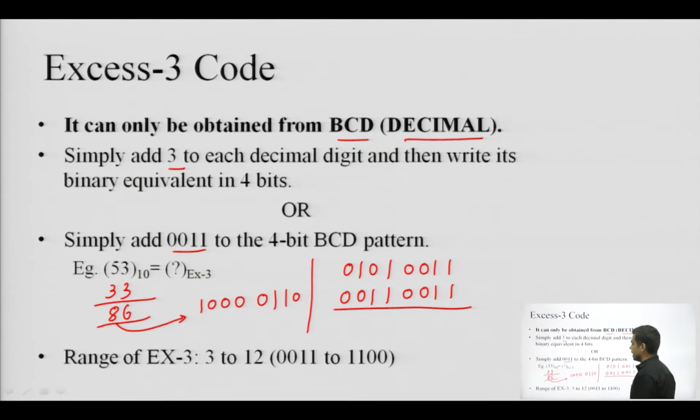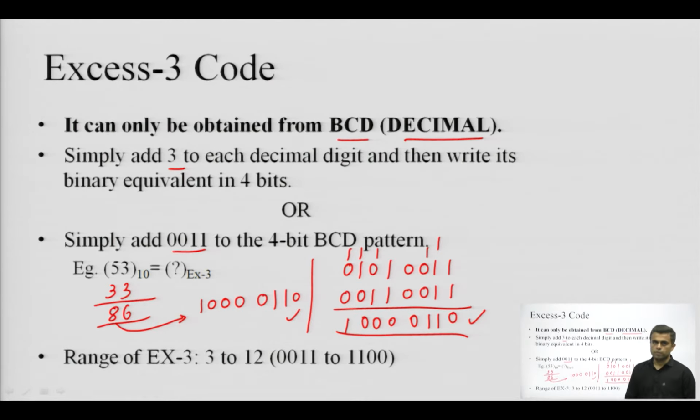Now, instead of adding decimal 3, I am adding binary 3 to these BCD equivalents. So, 1 plus 1 becomes 0, carry 1, 1 plus 1 plus 1 becomes 1 with carry 1, and so on. You can check that you are getting the same number, either I proceed from decimal or from BCD.